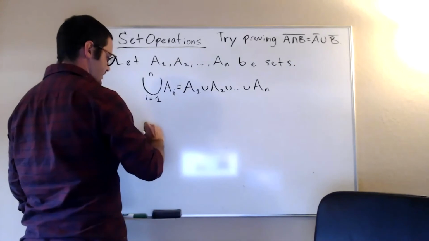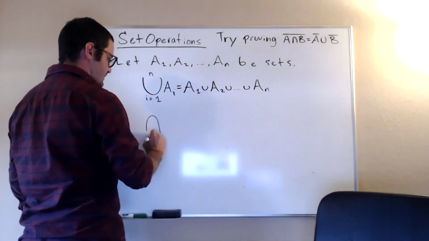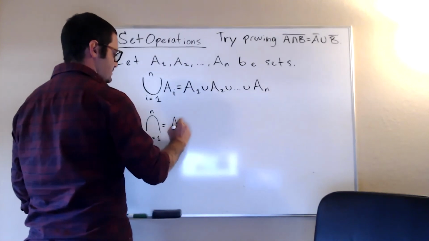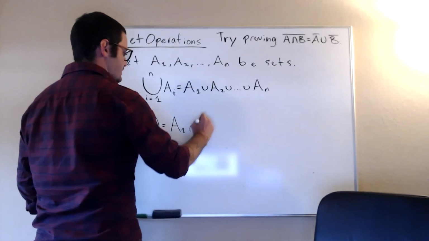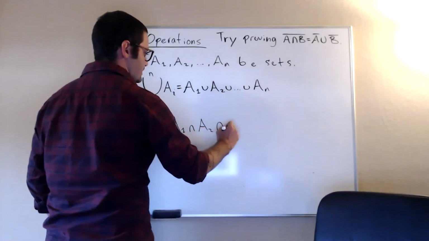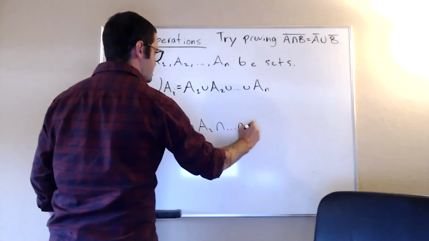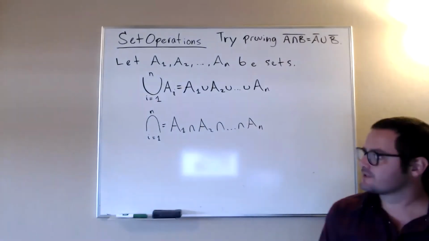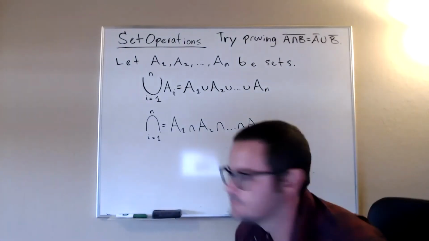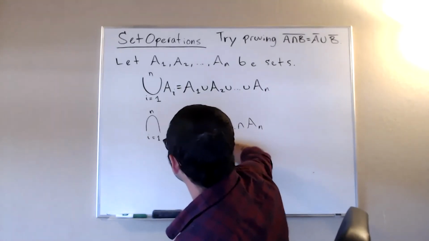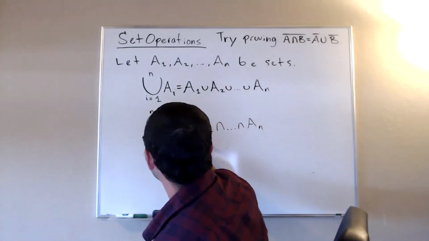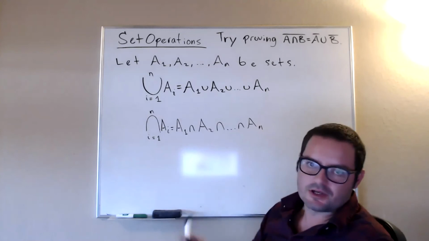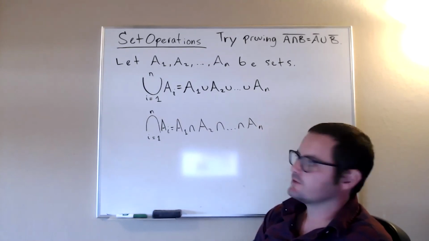And then for the intersection, there's the big intersection symbol, I equals 1 to N. This is equal to A sub 1 intersect A sub 2 intersect dot dot dot intersect A sub N. So all this is doing is subscripting a bunch of intersections and unions.